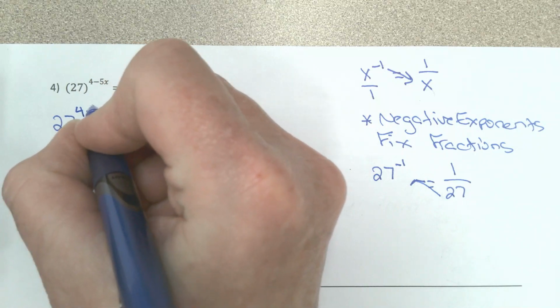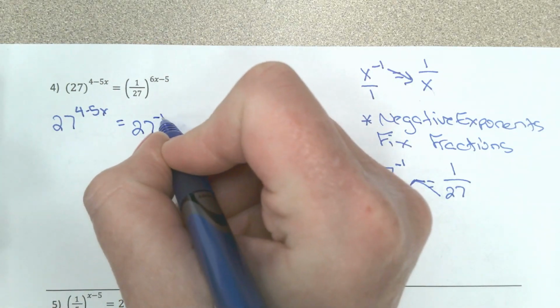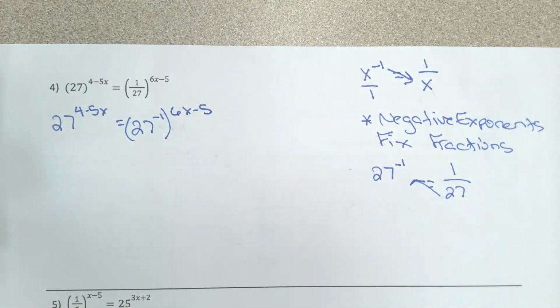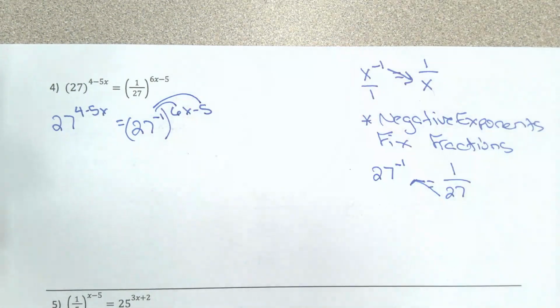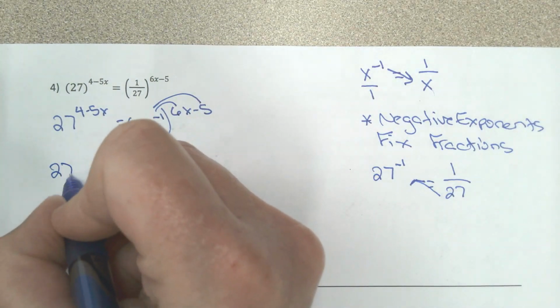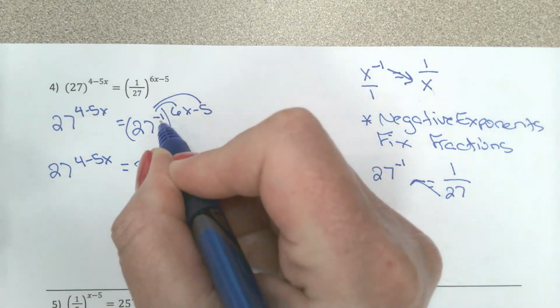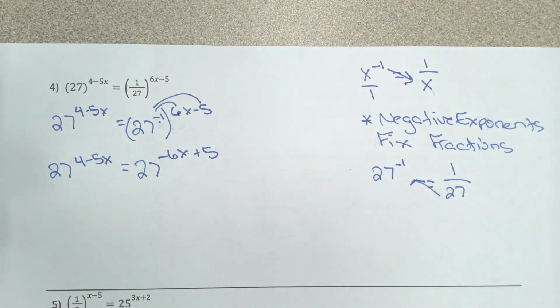27 to the 4 minus 5x equals 27 to the negative 1 to the 6x minus 5. I'm going to distribute my negative. 27 to the 4 minus 5x equals 27 to the negative 6x plus 5.